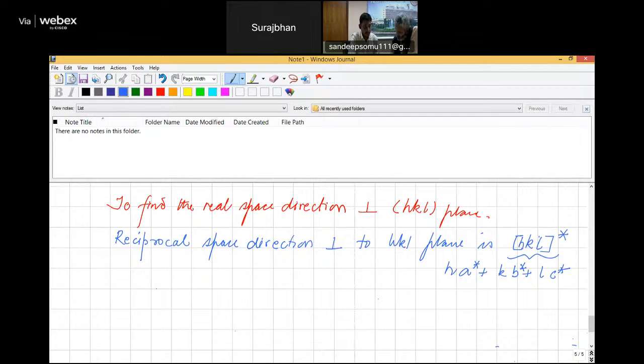So now we know the vector in the reciprocal space. The same vector we have to express in terms of real space. So we really need a coordinate transformation matrix for a vector in reciprocal space, which is going to transform into real space.